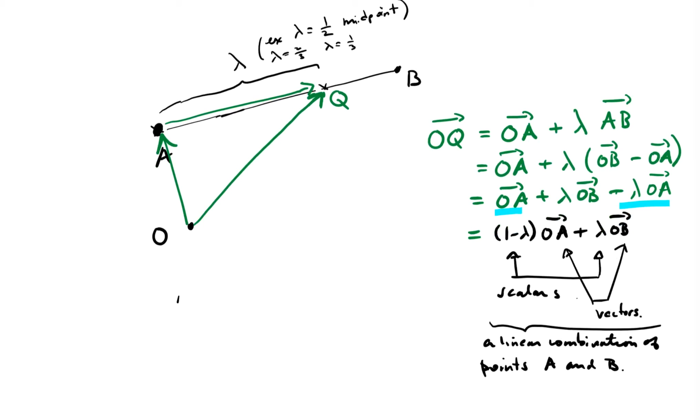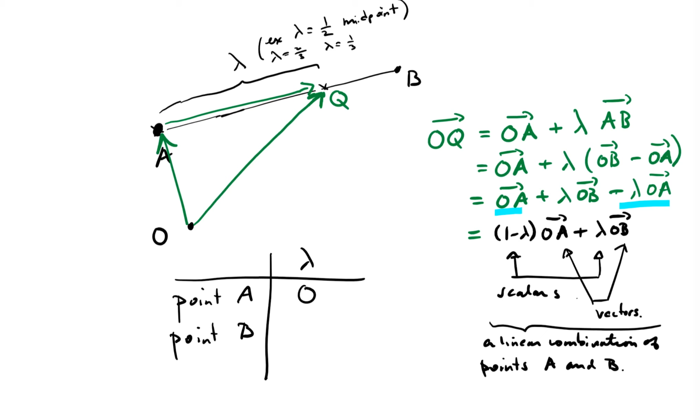So what would be the value of lambda that generates point A? Well, to generate point A, let's look at the formula. I want 1 times OA and 0 times OB. So lambda is actually 0. If I want point B, what's the value of lambda? I want 0 times OA, so 1 minus lambda must be 0. So lambda must be 1, and 1 times OB, yes.